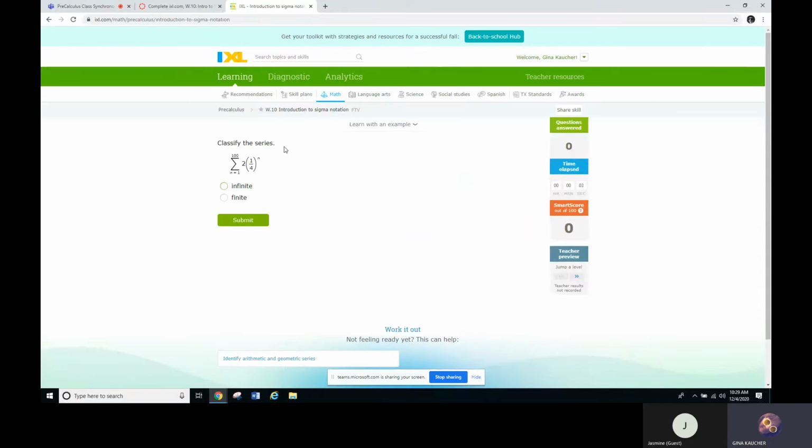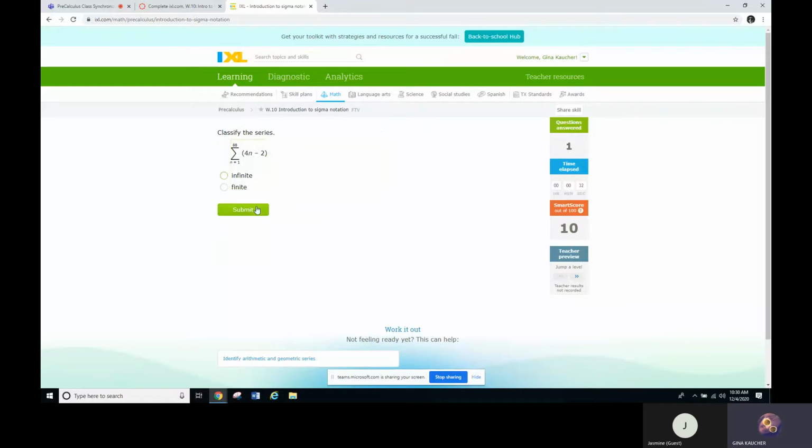All right, so classify the series. It goes from 1 to 100. I don't know if you can see this because my screen is so small. So that's ending. If it's infinite, you'll see an infinity symbol, so that's finite. How many terms are there? You have 1 to 100, so that would be exactly 100 terms in this series.